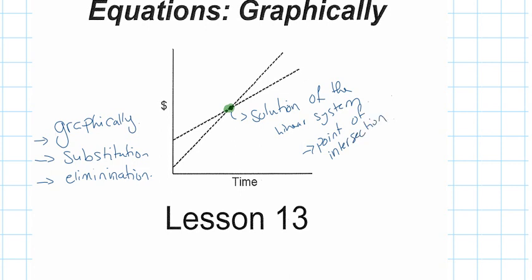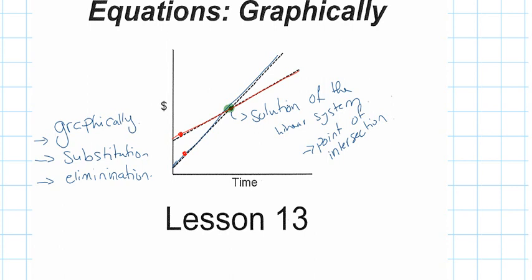So we graph the two lines, and wherever these two lines meet, this is called the solution, or the point of intersection. Now, if you look at any point on this blue line and any point on this red line, they don't have the same coordinates, right?